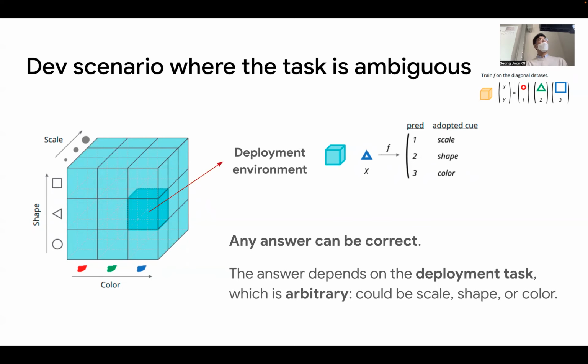So assuming an adversarial selector of environment or task selector, you may completely fool your system into choosing the completely wrong cue. And as I said, the task is chosen by humans, right? And therefore, it's completely possible in the worst case that the human is choosing the most difficult cue for the model.